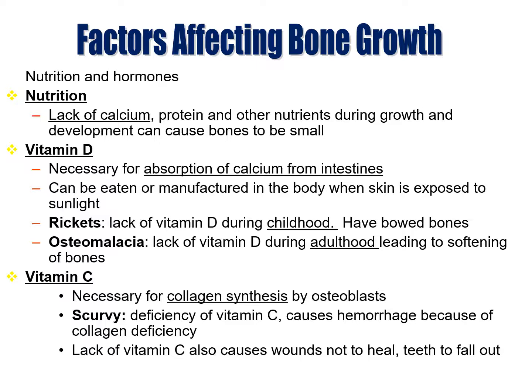If there is deficiency of vitamin D in childhood, it can cause a disease called rickets. The deficiency of vitamin D during adulthood leads to osteomalacia. Vitamin C is also very important for proper bone growth because this is required for the synthesis of collagen fibers. A deficiency of vitamin C causes a disease called scurvy.